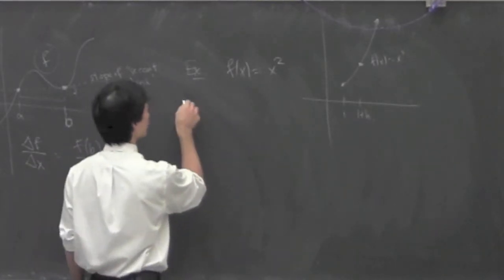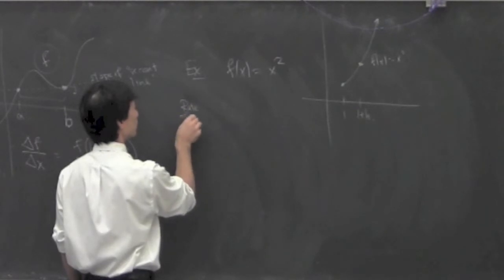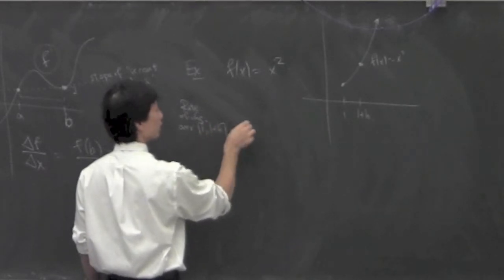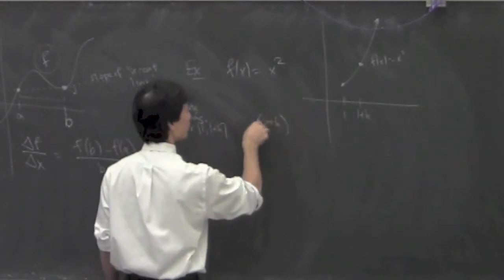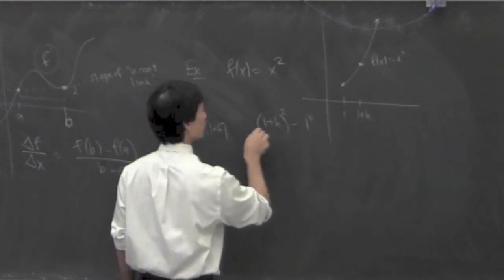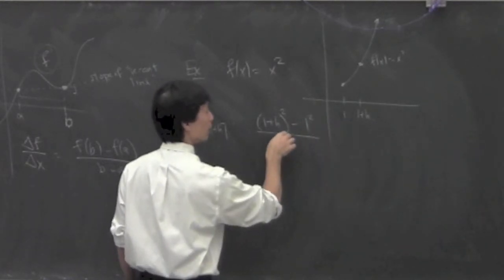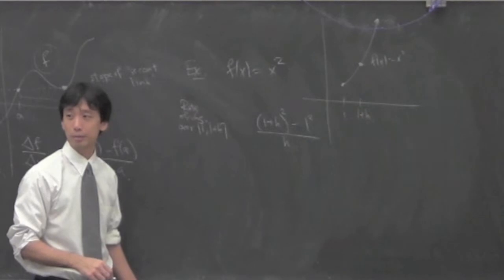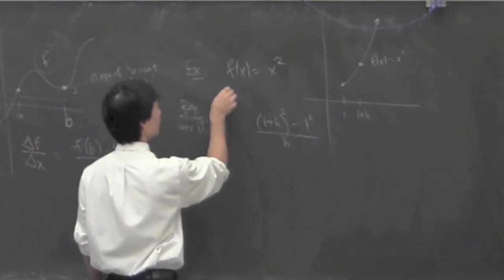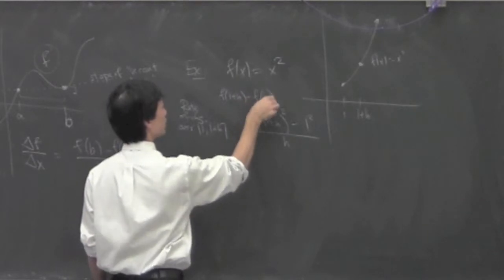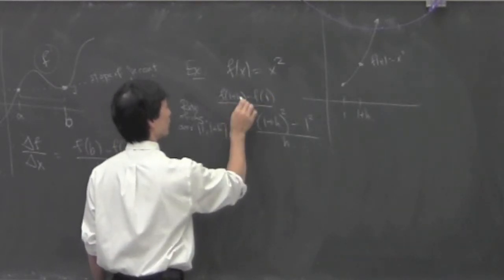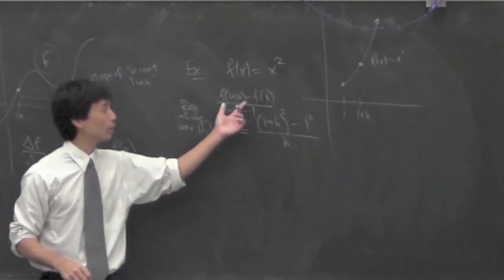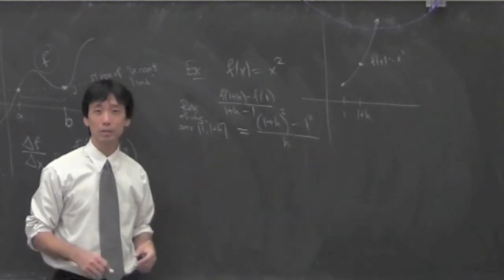So it would be 1 plus h squared minus 1 squared over h. You get f of 1 plus h minus f of 1 over b minus a.